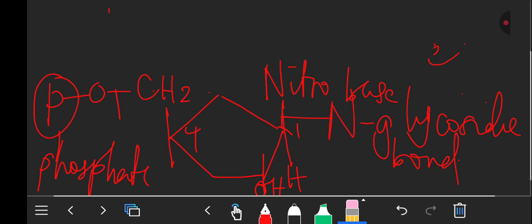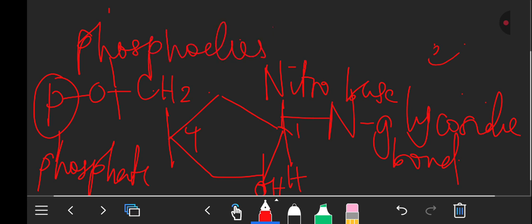Let me write it. So there will be a phosphodiester bond. It is very important to understand that. But even before the phosphodiester bond is formed, it means there's another phosphate here which has been bonded to this. Then there are two phosphate bonds. That is when it's going to form a phosphodiester bond.